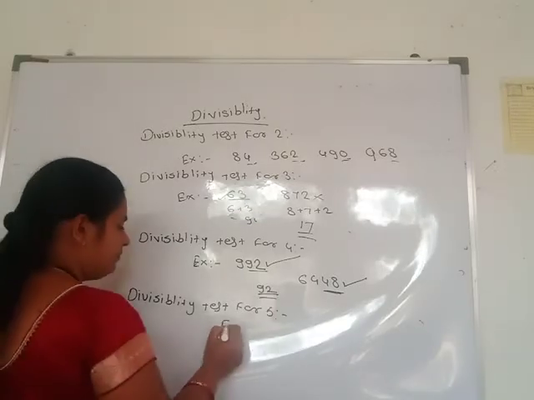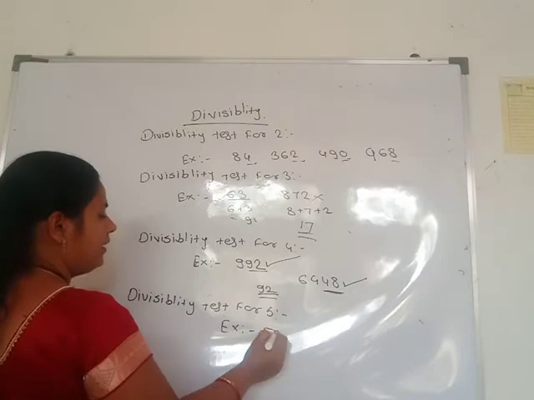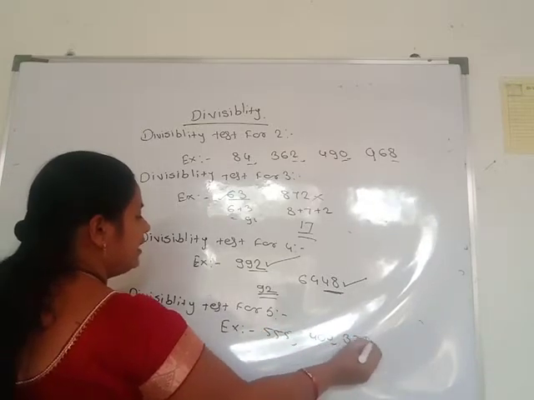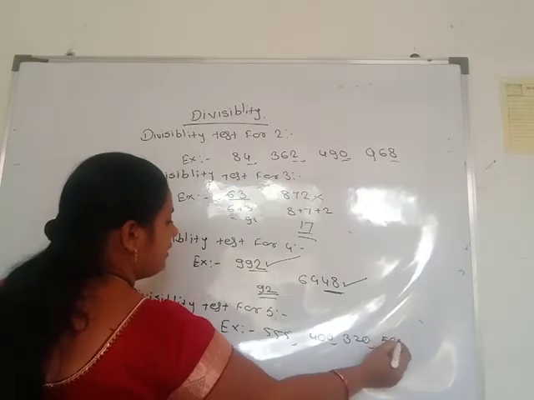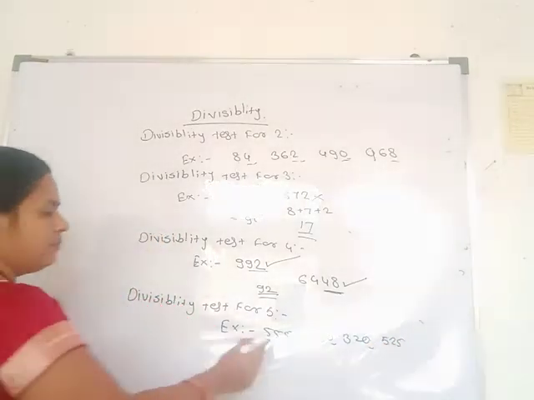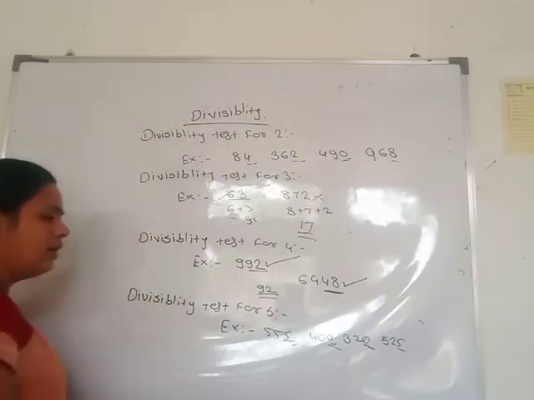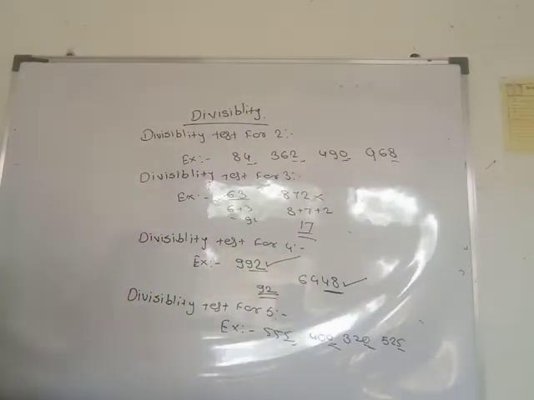Example: 555, 400, 320, 525. See here, the unit places have 5, 0, 0, 5. Therefore all these numbers are divisible by 5.